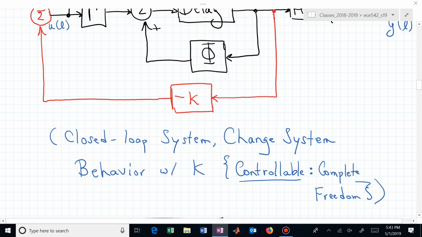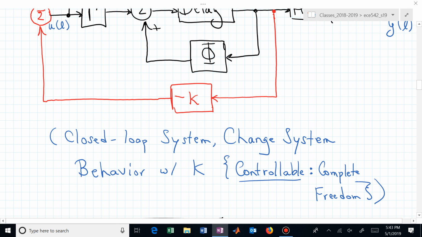We can put them anywhere we want inside the unit circle, I'm assuming, since that would keep our system stable. But you could put those closed loop eigenvalues, or the closed loop poles, anywhere if your system is controllable. And you should know how to derive the controllability matrix or answer that question on the final: is this system controllable?